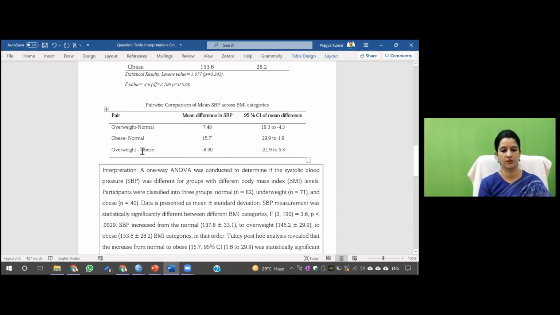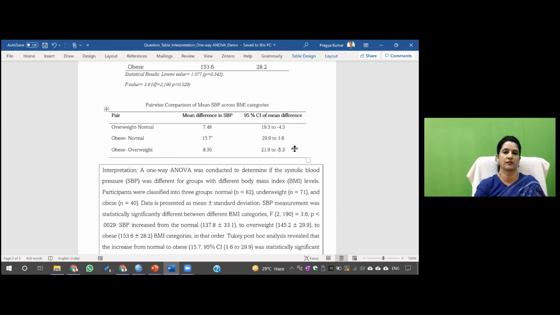And I'll do this: obese minus overweight, and remove the sign also. So is it okay? Ideally it should have been like this.